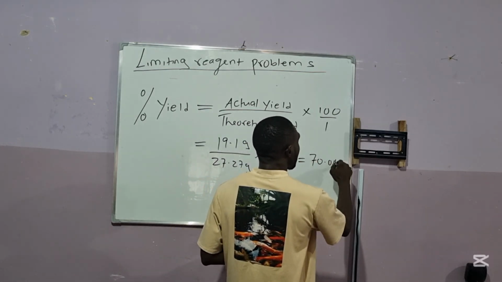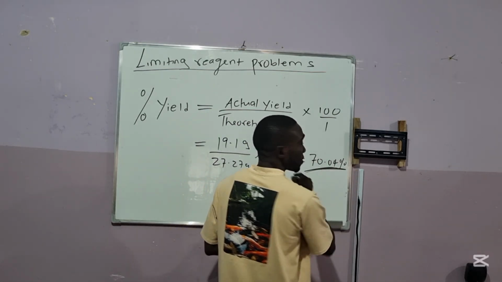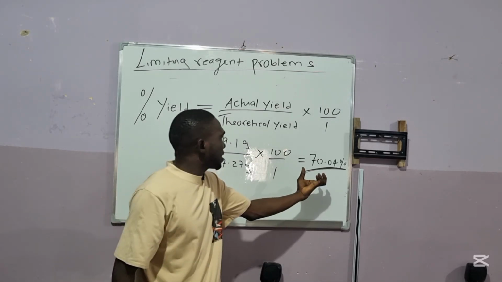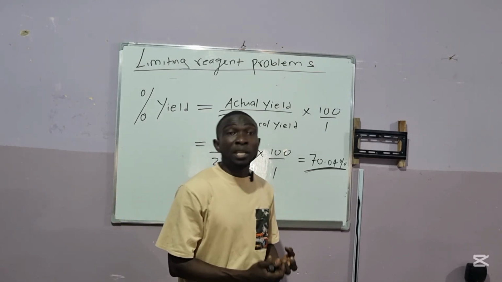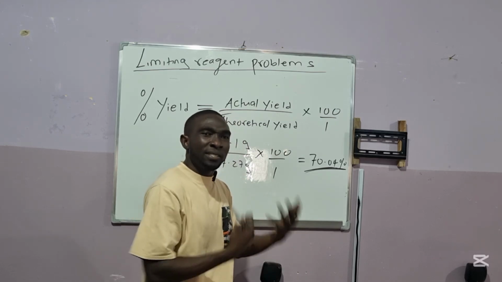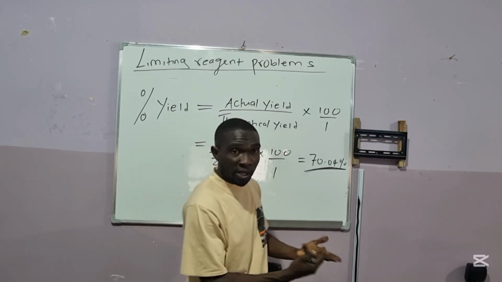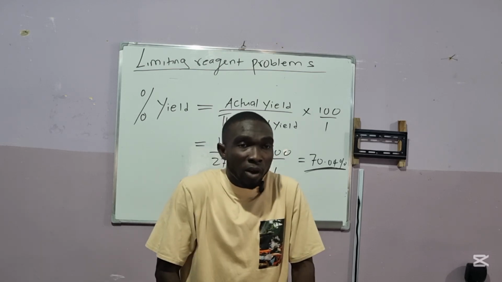Are you sure about that? All right. So this is my percentage yield. Now this percentage yield is a very good yield, meaning that a very good quantity of my acetic acid was actually obtained. Am I communicating?